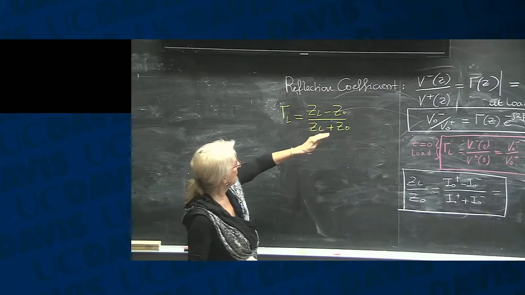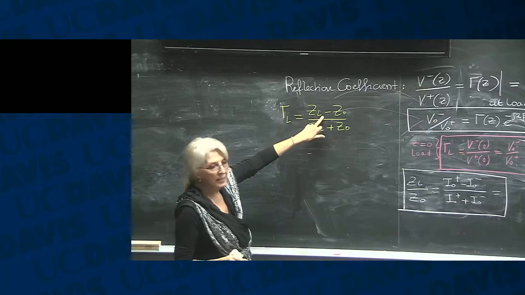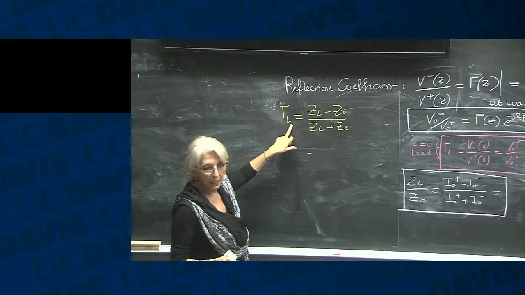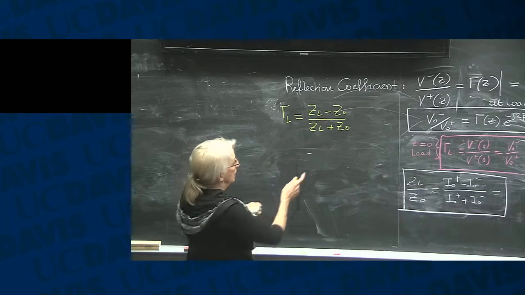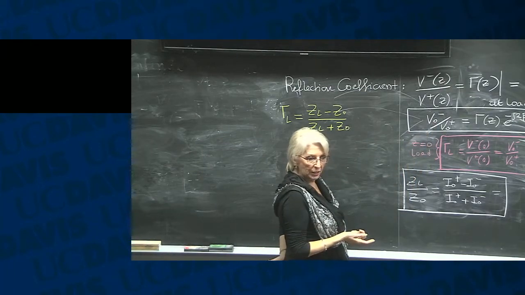And that is called the reflection coefficient. What happens when ZL equals Z naught? It's 0. What does that mean? If the reflection coefficient is 0, that means there is no reflection.